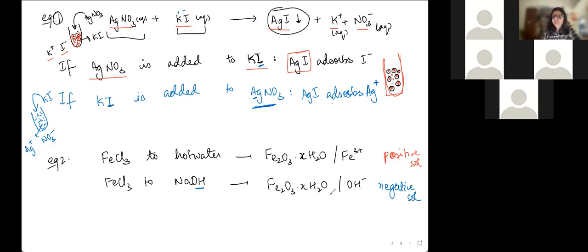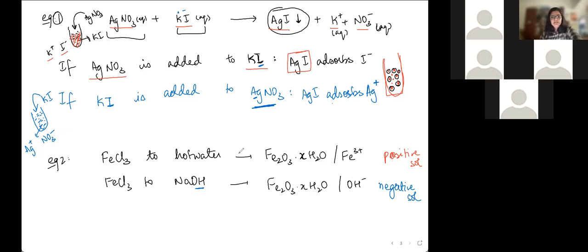Just two examples that we have taken. In the earlier case, we precipitated it using a double decomposition reaction, a double displacement reaction. When it is available, it's going to adsorb what is common to both. In this case, you're just adding it to either neutral hot water or to NaOH, a basic solution.